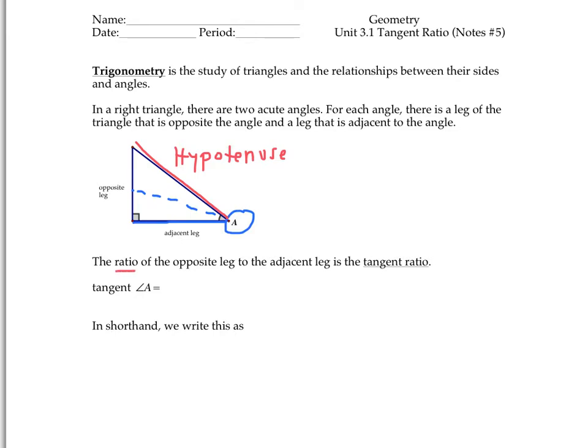So the ratio, we know ratios from our chapter on similarity. The ratio of the opposite leg to the adjacent leg is called the tangent ratio. So we can say the tangent of angle A is equal to the opposite leg divided by the length of the adjacent leg.